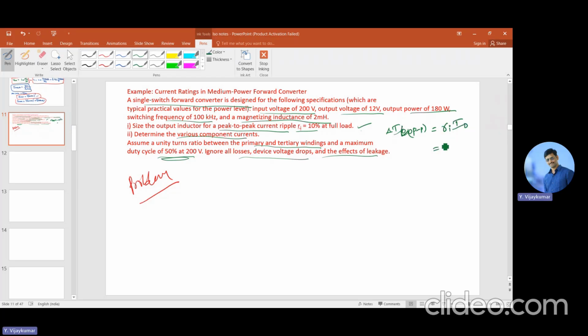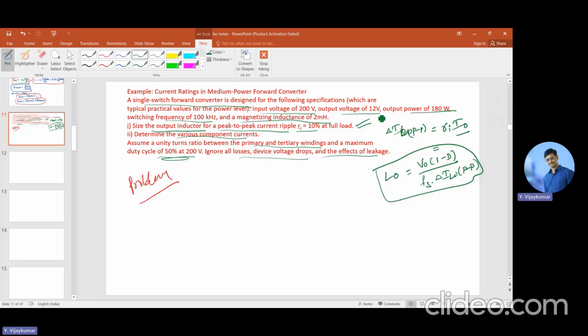Ri is given in the problem, and I naught we also have. The output inductor value L naught is V naught into 1 minus D, divided by the switching frequency times delta IL naught peak to peak. That is the formula for the first problem that is asked.